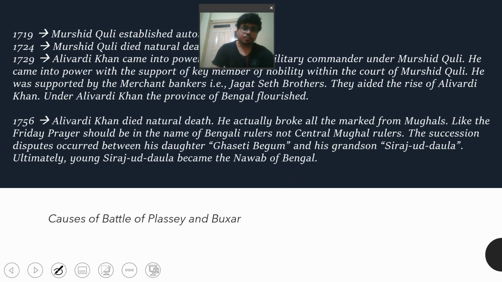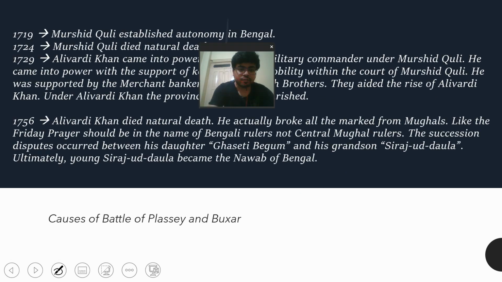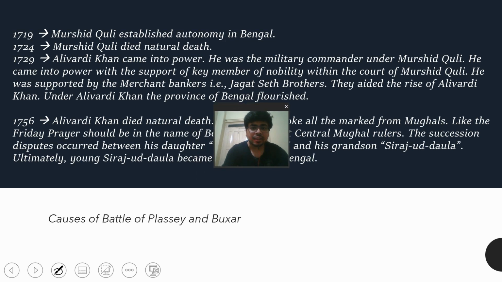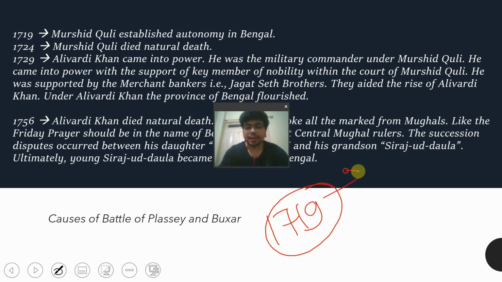Now, what was the cause of the Battle of Plassey and Buxar? In 1719, as I said in the previous slide, the Nawab state was formed, and in 1724 the Nizam state was formed. In 1719 Murshid Quli established autonomy in Bengal.